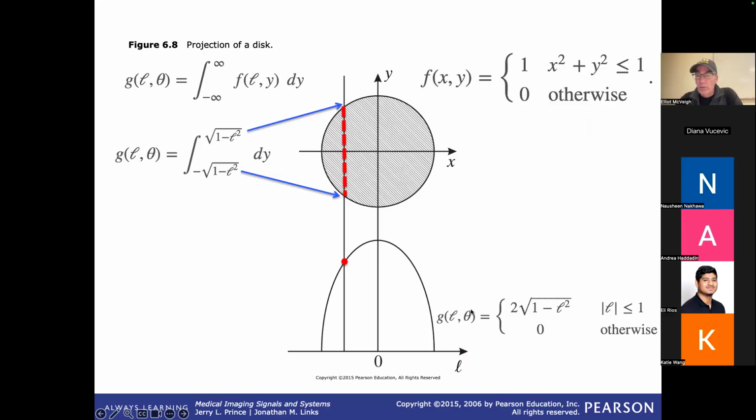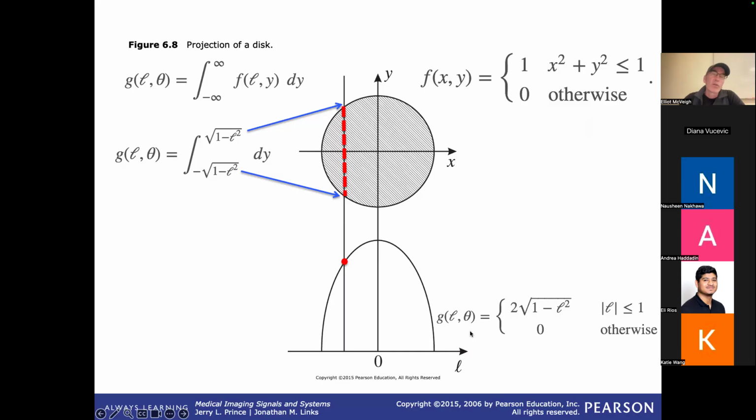You can do this at home, all you're changing is the bounds of the integration. They're going from this top half circle to this bottom half circle, and you encode that as the boundary for this integration down here, and you're just integrating one. So we'll say the signal here is 1. And that gives you this function for g(L, theta), which is pretty cool.